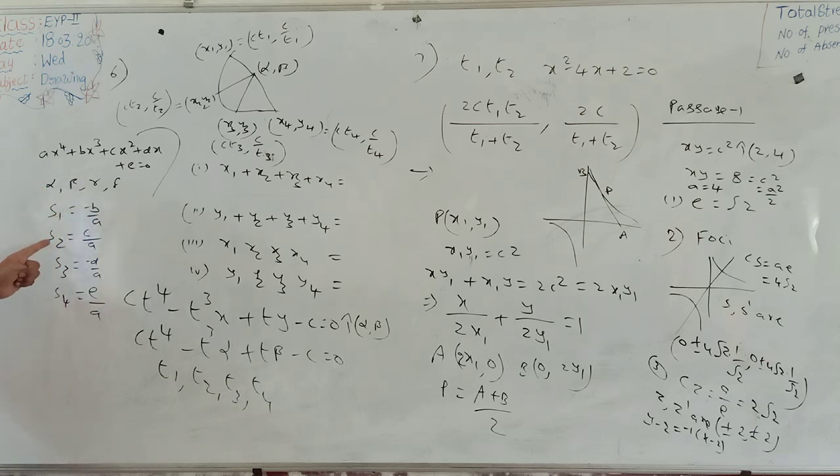S2 means the sum of the products of the roots taking 2 at a time, alpha beta plus alpha gamma plus alpha delta etc. Formula for that: coefficient of x squared by coefficient of x power 4. S3 stands for the sum of the products of the roots taking 3 at a time, alpha beta gamma plus beta gamma delta etc. Formula for that: minus coefficient of x by coefficient of x power 4. Last, the product of the roots alpha beta gamma delta. Formula: constant term by coefficient of x power 4.